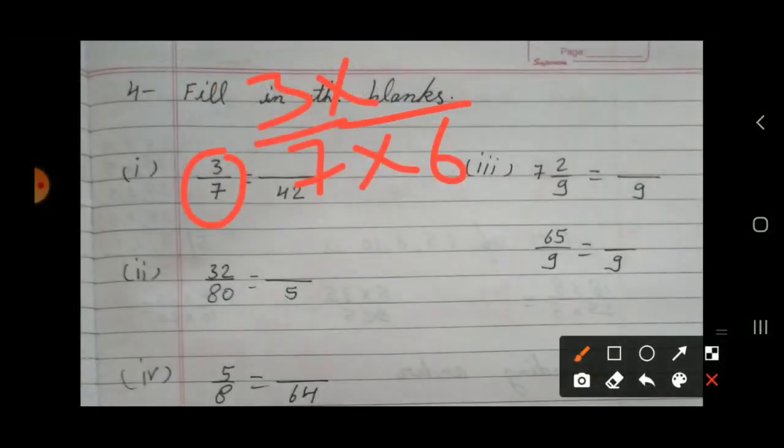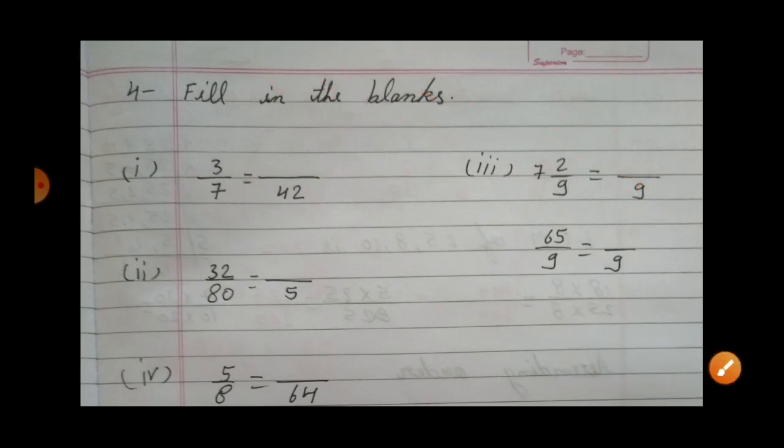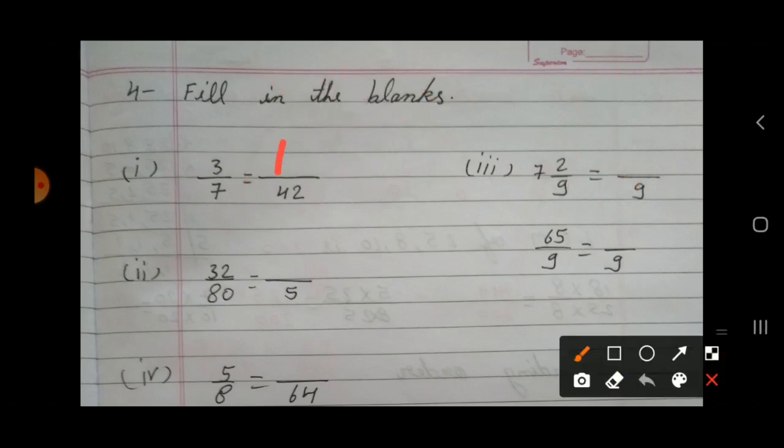Yes, what are we getting? 3 sixes are 18. 7 sixes are 42. It means the required number is 18. Come to the second. 32 upon 80. Yes, 80 divided by 5.